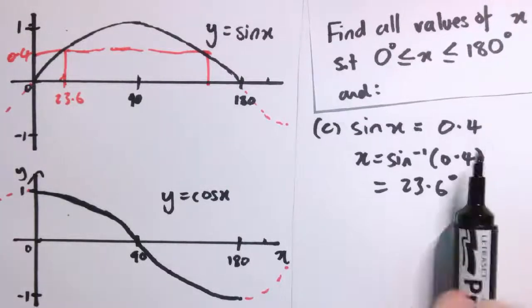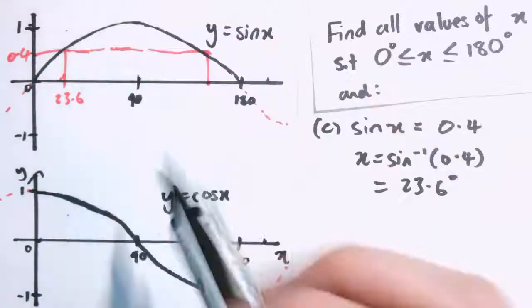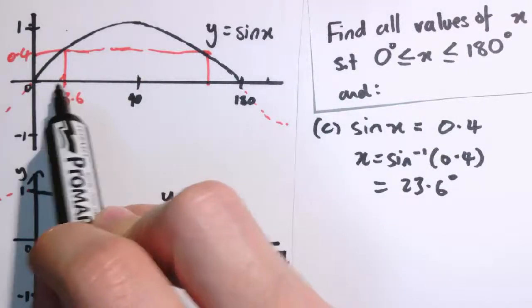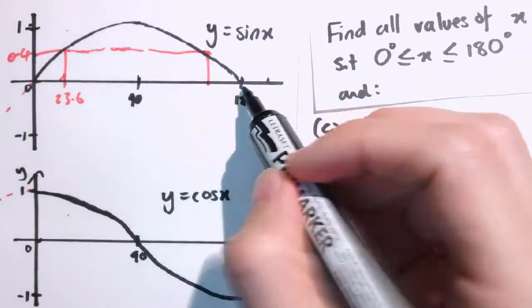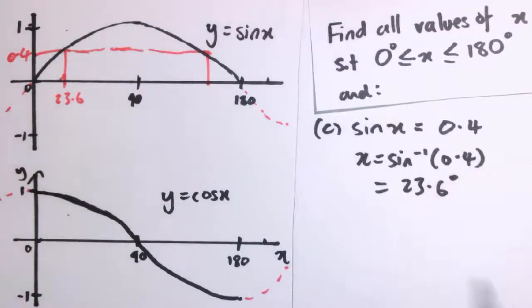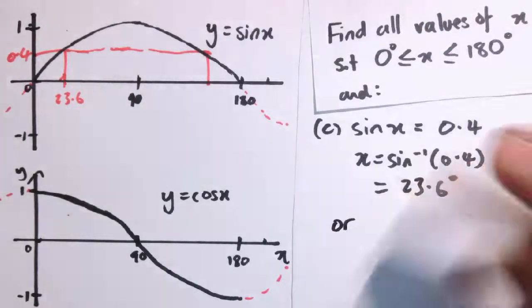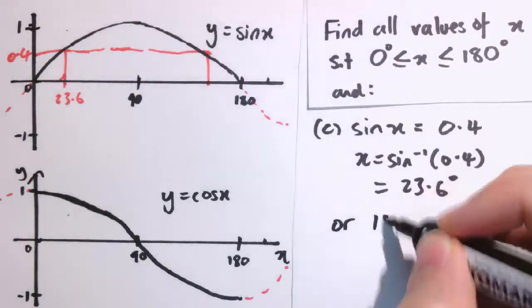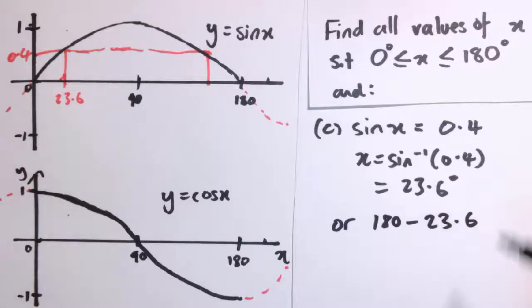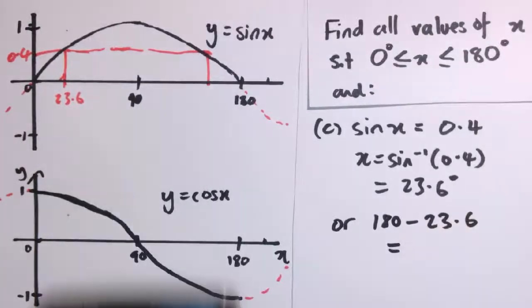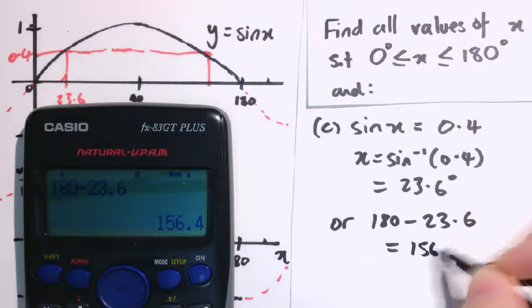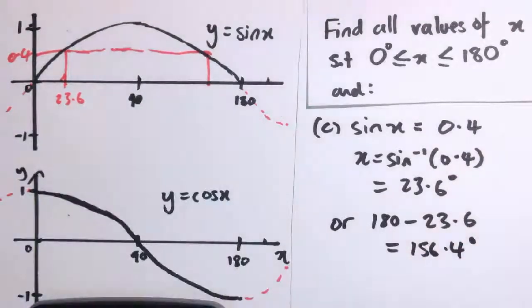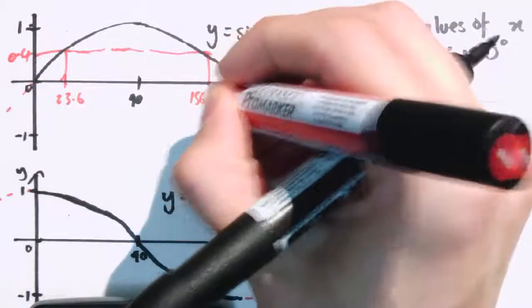Because of the symmetry in this graph, this 23.6 degrees is going to be the same distance from 0 as this point is going to be from 180 degrees. So we've got a second possible answer, which is 180 minus 23.6 degrees, and that will give us the other value on the graph. That's 156.4 degrees, and that corresponds to this point on the graph here.